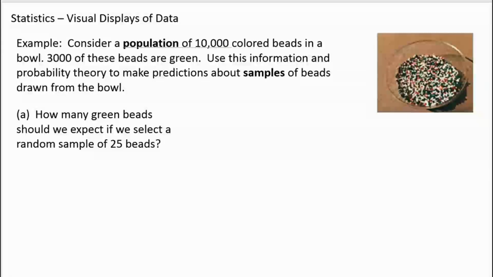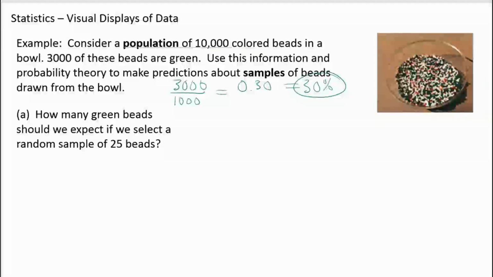So the percentage of green beads, we would do 3,000 divided by 10,000. Now, if you divide that in your calculator, that's going to give you 0.3 or 0.30 if you like that better. Now, that's 30%. So 30% of the beads in the bowl are green.